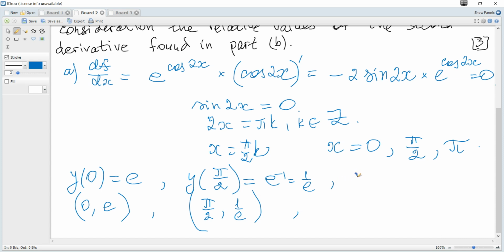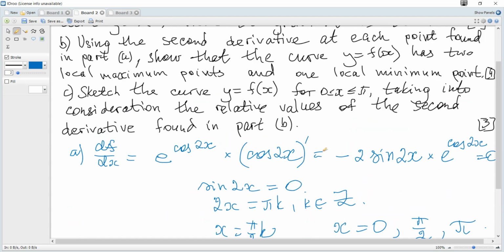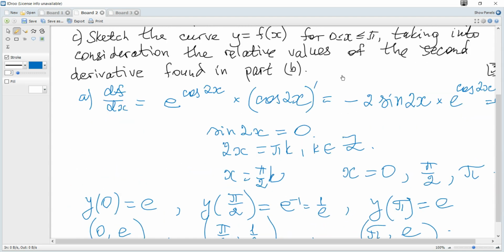And the third point, f of pi, it's what? It's cosine of 2 pi, which is 1, so it's also e. So pi, e. And these are the required stationary points, or points with zero gradient.